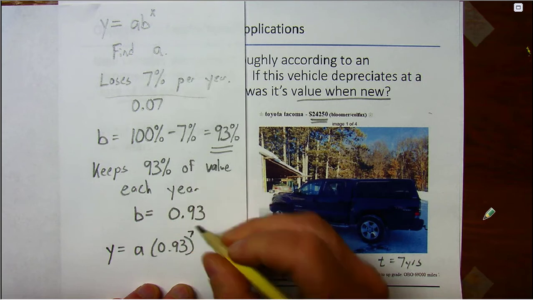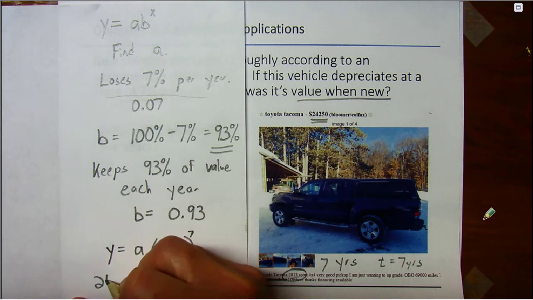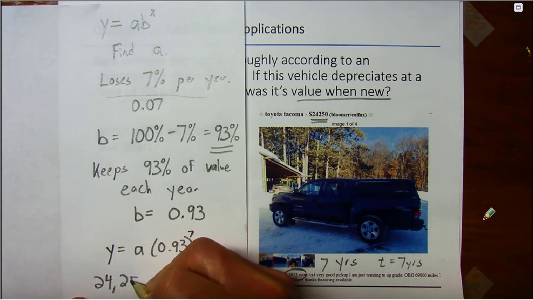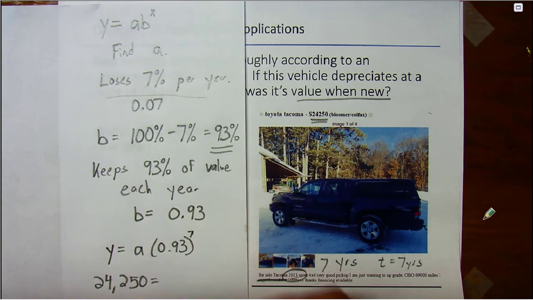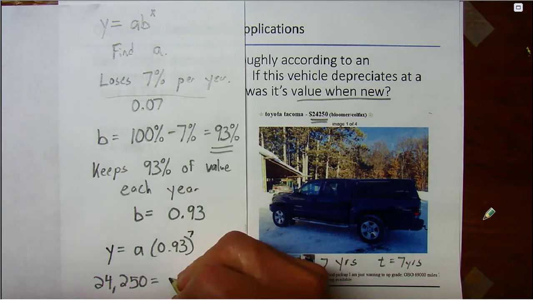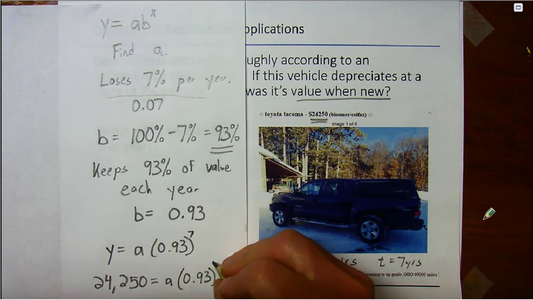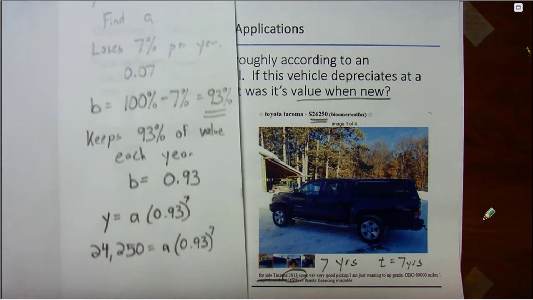So in other words, it's kept 93% of its value for the first 7 years of its life. Now we know what it's worth now. We know that it's worth $24,250. That's its current value. And so 24,250 is equal to A times 0.93 to the 7th power. And now we have an equation to solve.